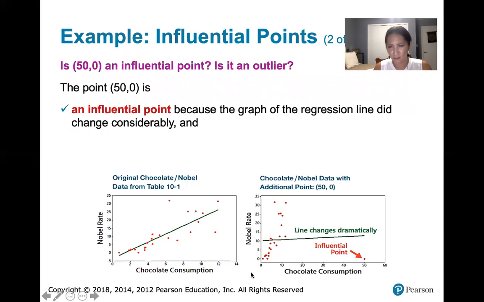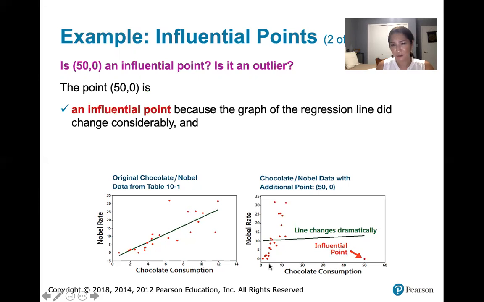Now, also look at this graph with the influential point included. All of the rest of the points are over here with chocolate consumption between approximately 0 and approximately 12 kilograms of chocolate per capita. So that's sort of typical for our data set.